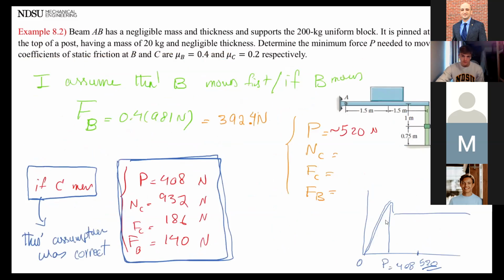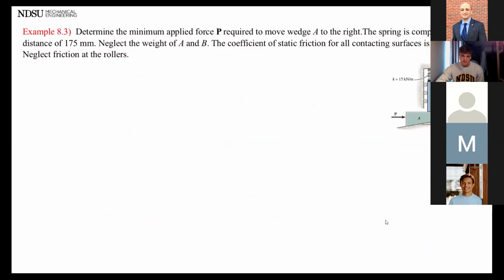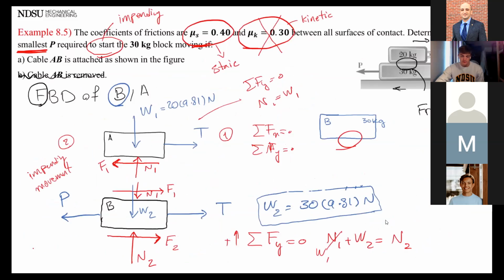Okay. All right. So let's look back at the other problem that we had, and we drew the free body diagram for. We just did free body diagram part A. If you remember, there were 2 blocks, and it wanted to find force P if the cable is attached as shown. So pretty much the figure that you're seeing in the free body diagram, which we discussed.